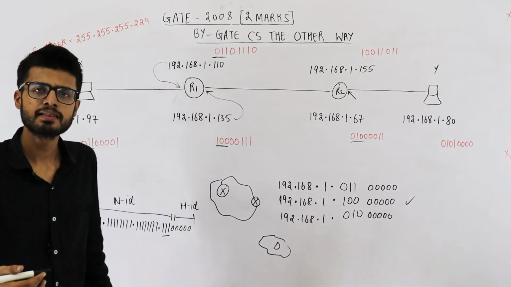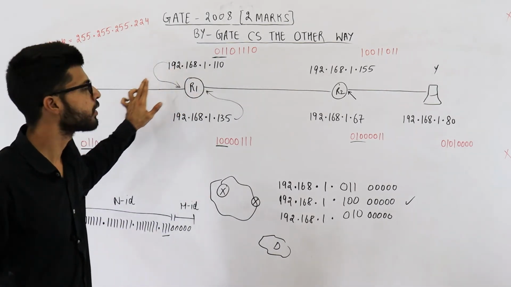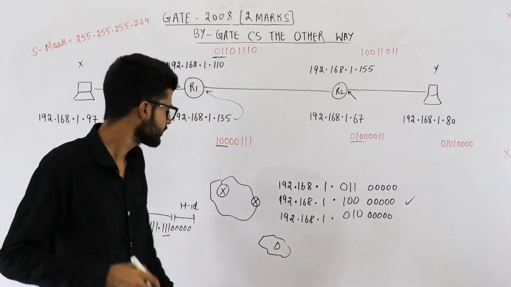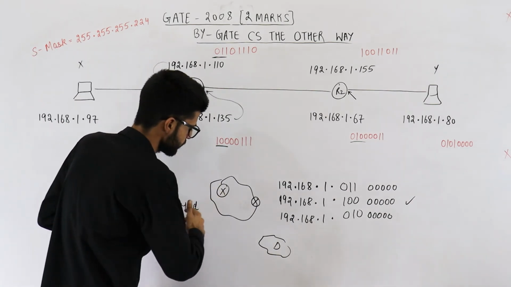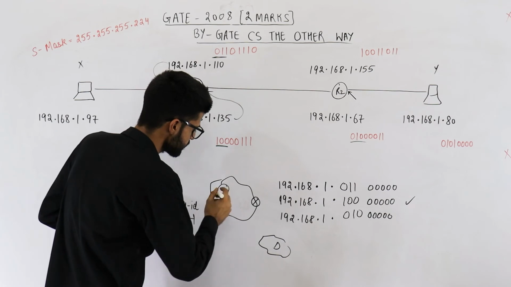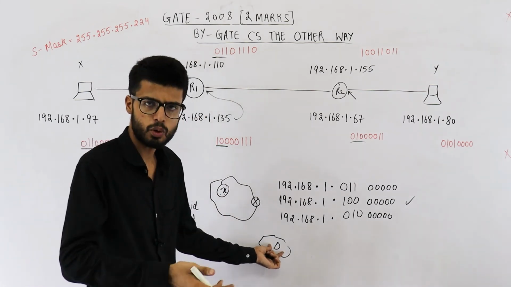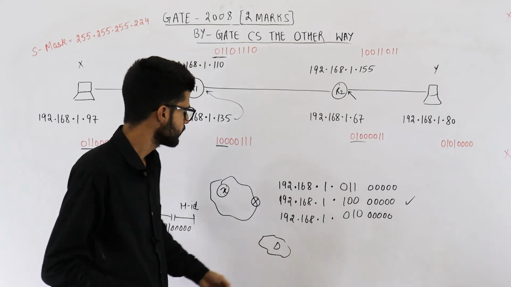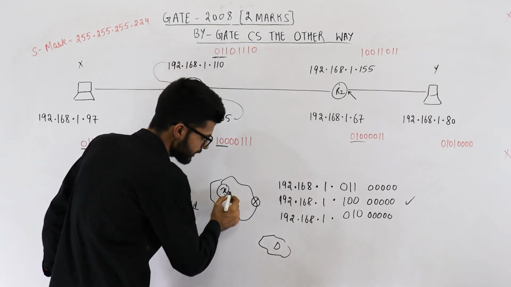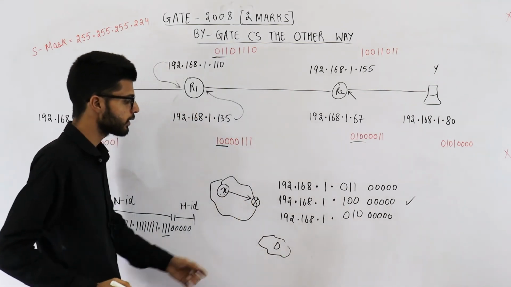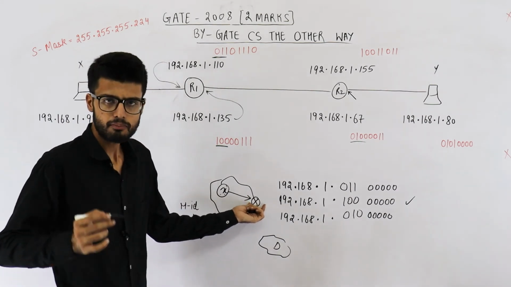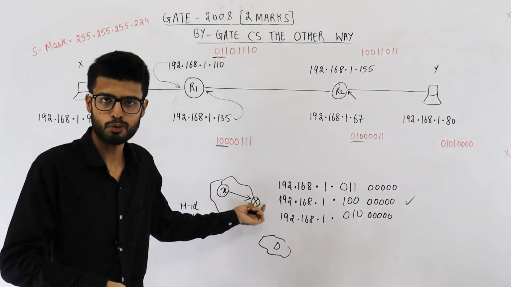See, how can I say that both of them have to belong to the same network? For example, this is node X, and X wants to send a message out of its network. So it will send a message to the default gateway or router. Now the router has to be in its network at least.